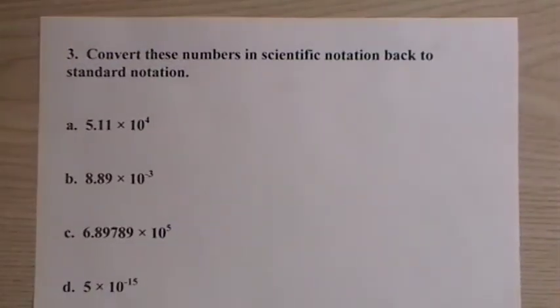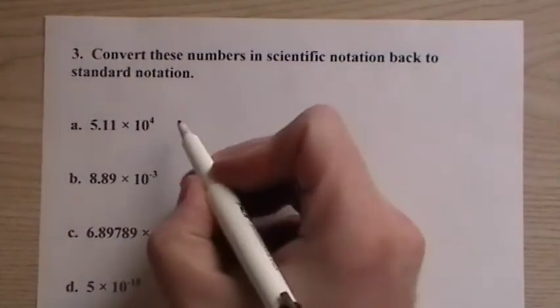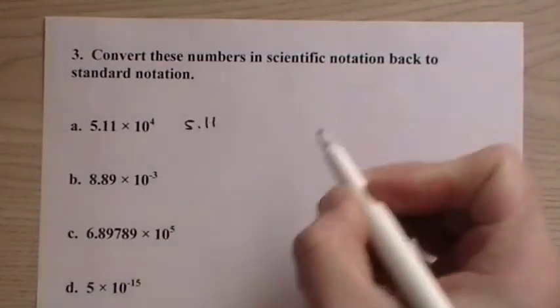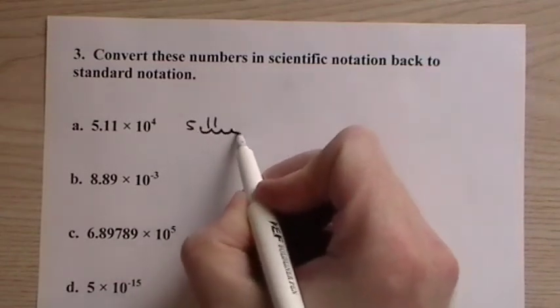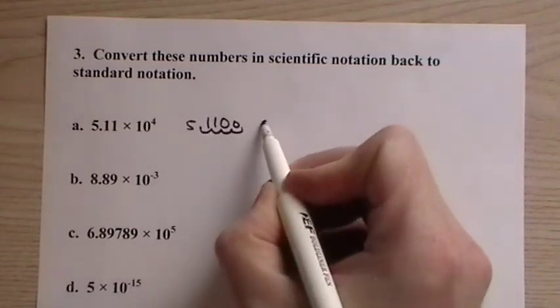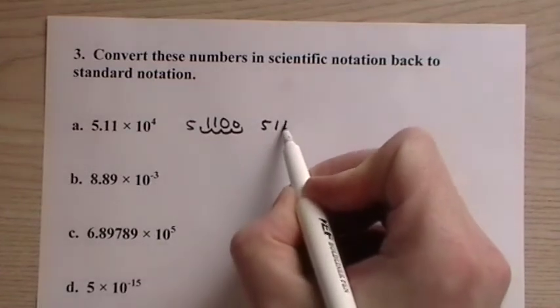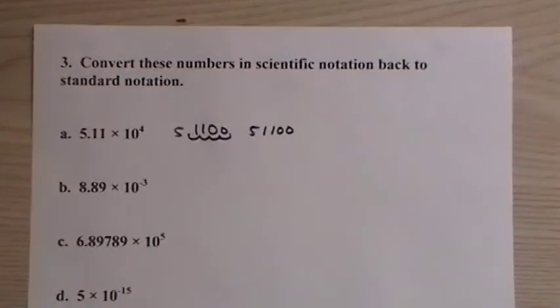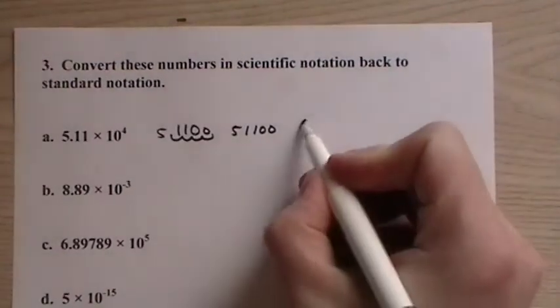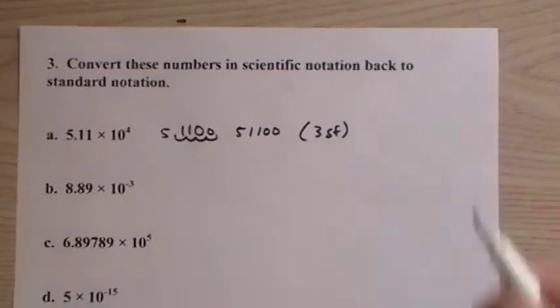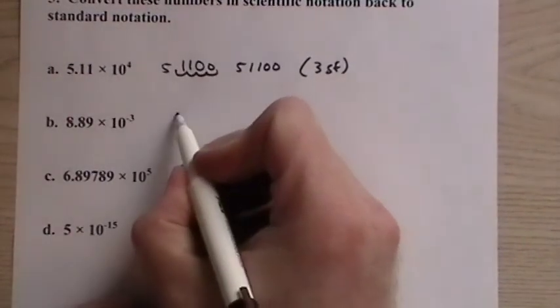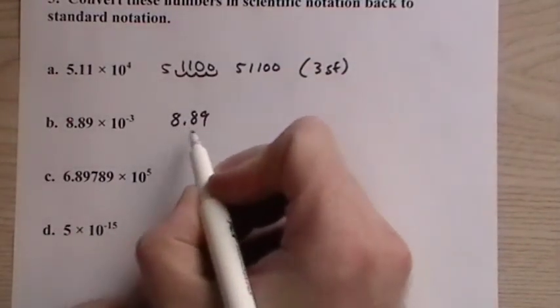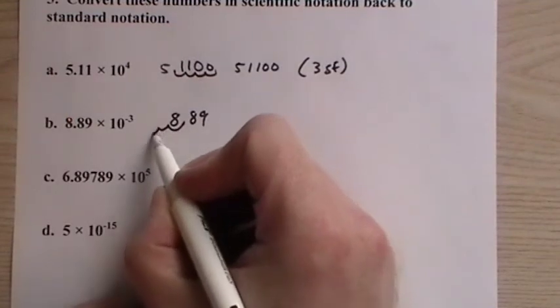And then let's convert back. So we have 5.11, and we'd go 1, 2, 3, 4. So it'd be 51,100. And what we'd have to specify is that there are 3 significant figures. Then we have 8.89 times 10 to the minus 3, so 1, 2, 3.